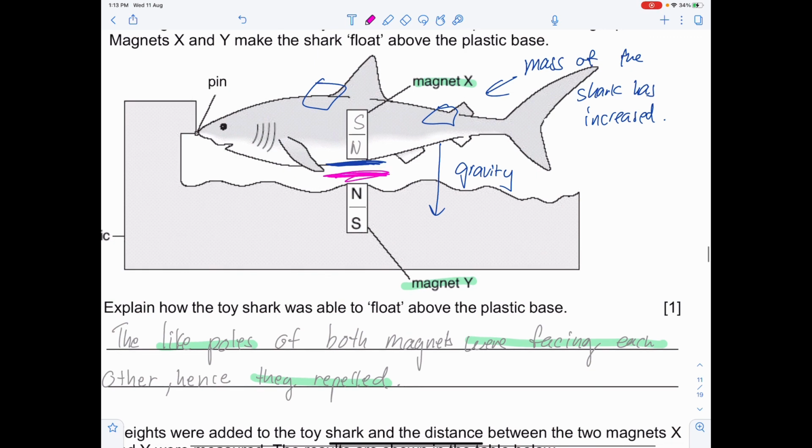So what happens from here to here is that gravity overcame the repulsion force of the magnets.